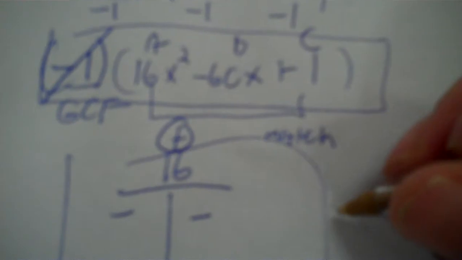Put your negative 1 out here. Then go A, B, C. Remember, if we would get the table to work, we got to know what the A is. Okay, 16x second. Okay, 1 times 16 is 16. It's positive, so that's a match. So put 2 signs of match. Now you're adding to negative 60.